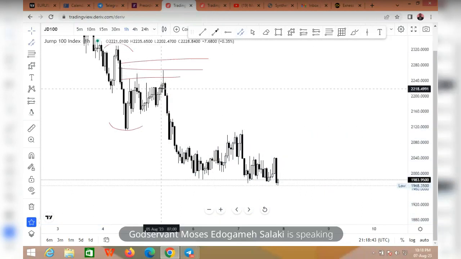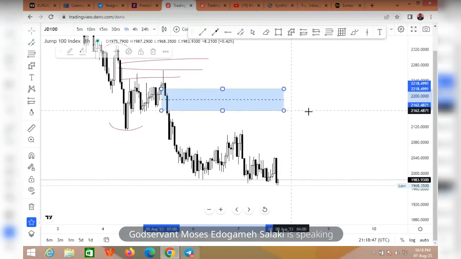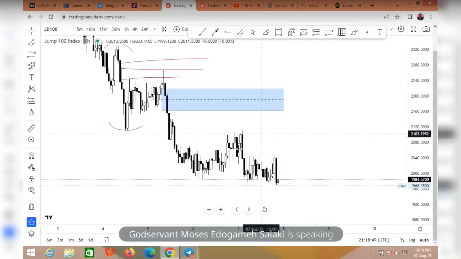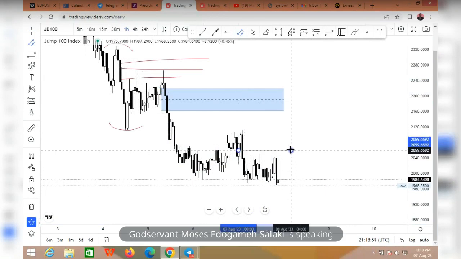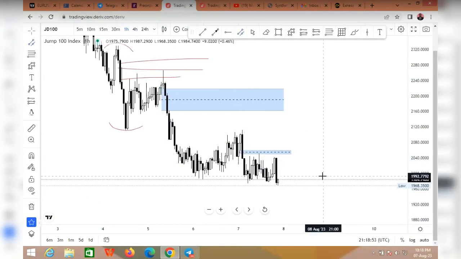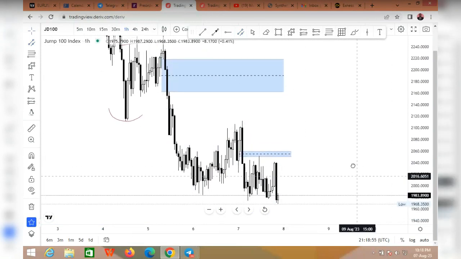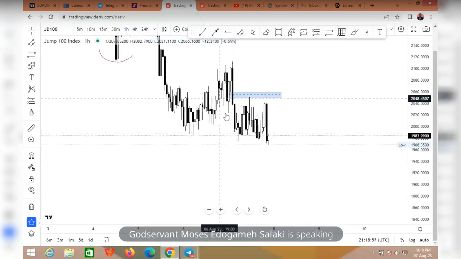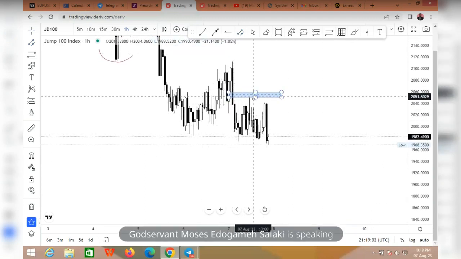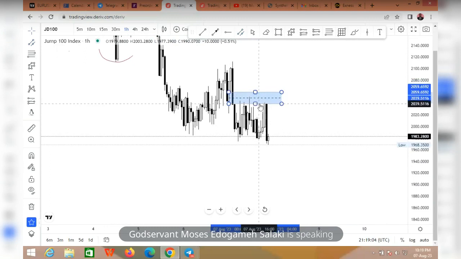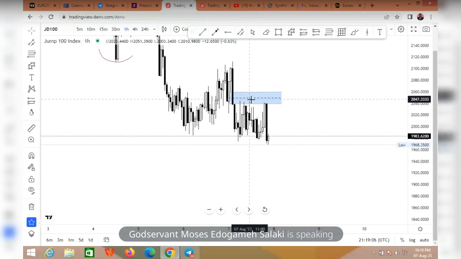So these are areas that price can come to retrace. But I'm seeing this one too. There's an IPA here that's not been filled, though price traded into it because this was the original IPA. Oh, price has taken 50%.